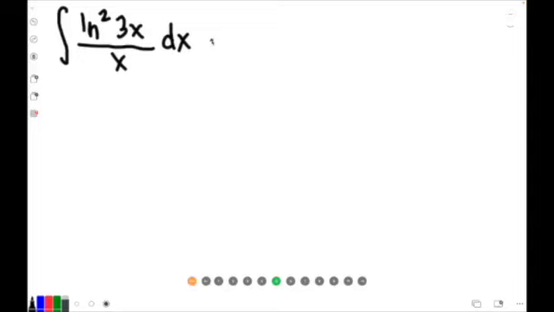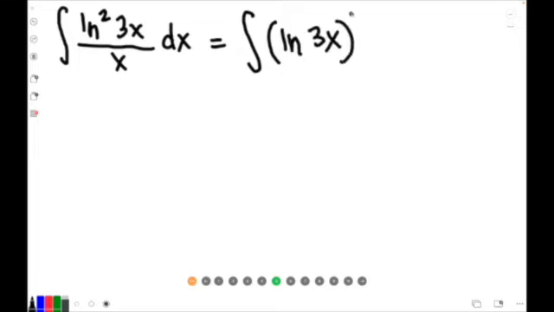So let's separate the dx over x from the ln squared 3x. To better visualize, let's write ln squared in such a way: ln 3x, squared, and you have dx over x.